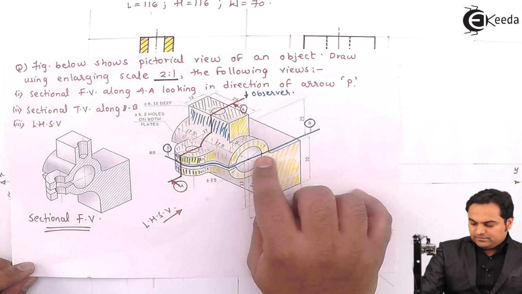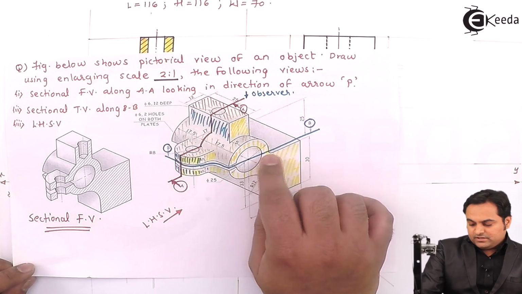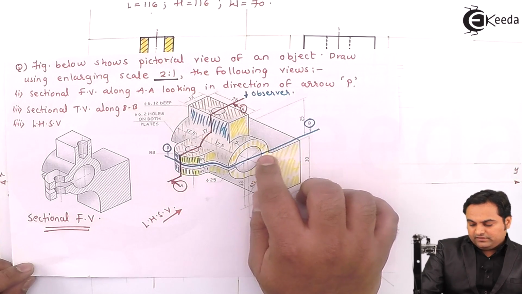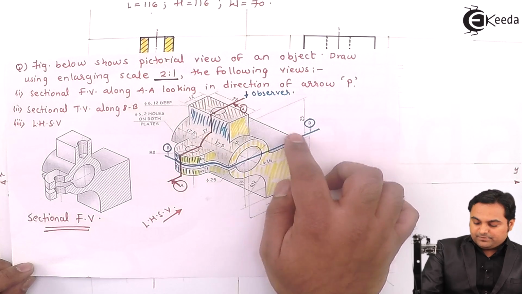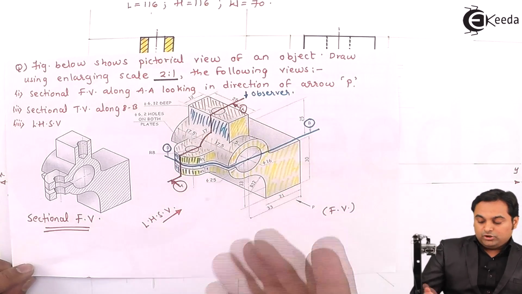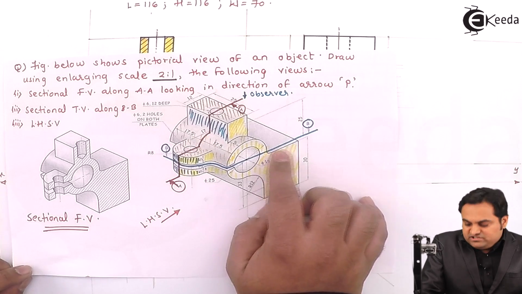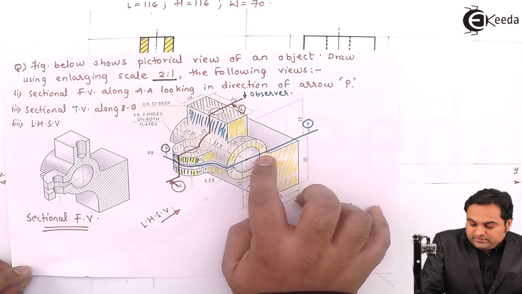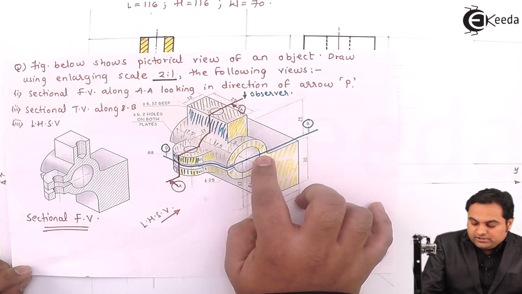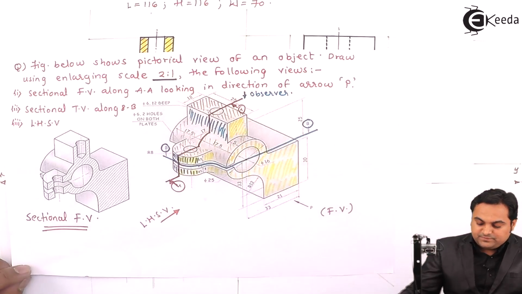Next, this cylindrical portion is cut, meaning there will be sectioning only inside this thickness, and the remaining part, that is this rectangle, is also not being cut because the cutting plane is above this rectangle. If we see here, there is a gap, so only sectioning will be there inside this portion, and this top rectangle is being removed.